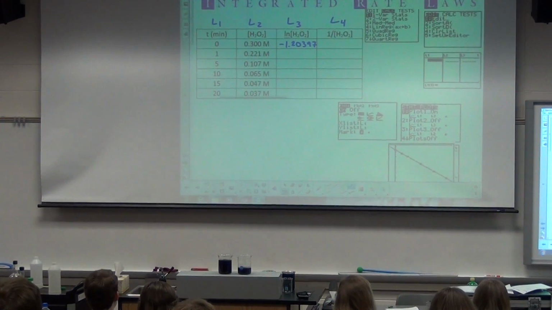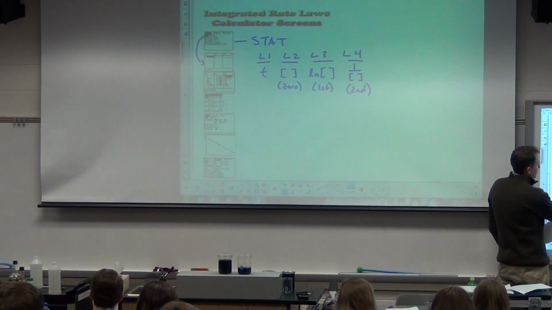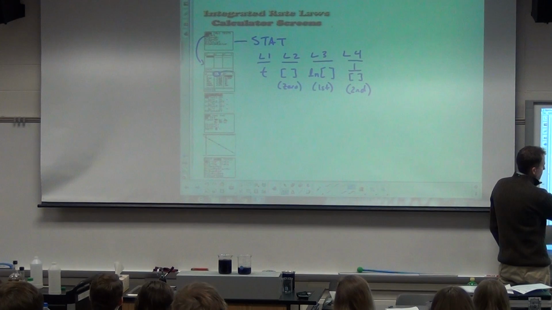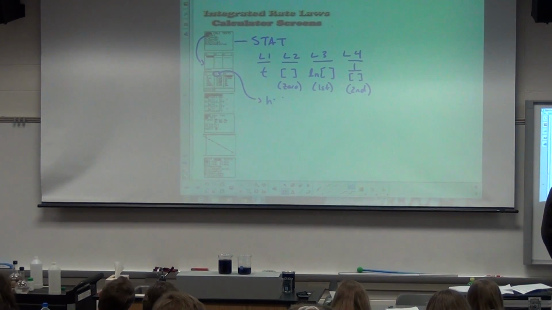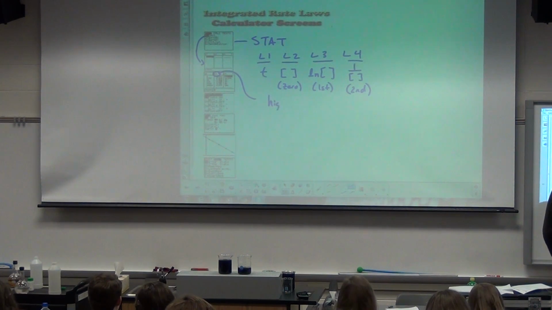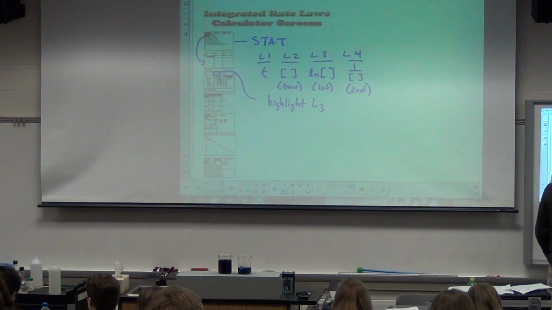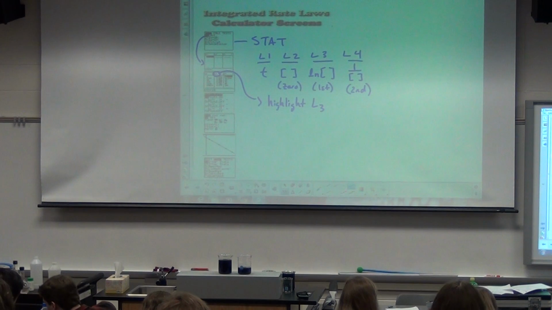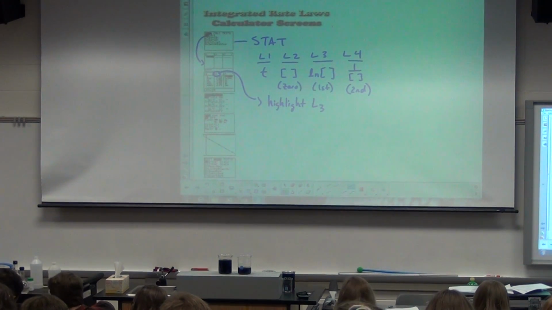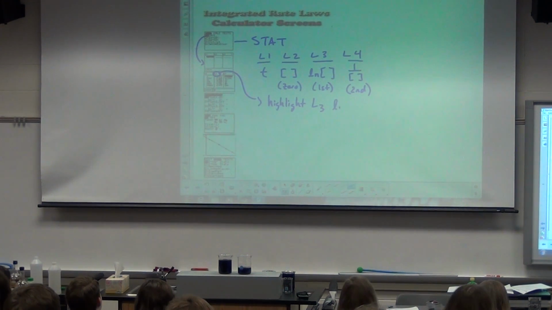So what you need to do is highlight L3. You actually push up, and then the cursor should be blinking on the bottom. And what you do is you type in natural log.